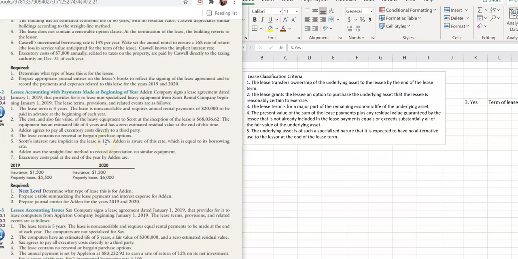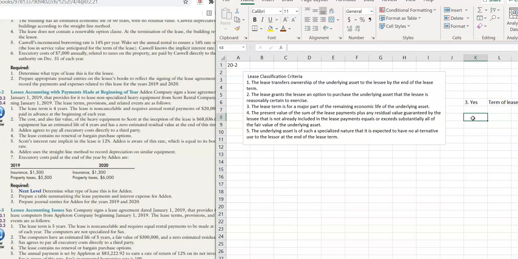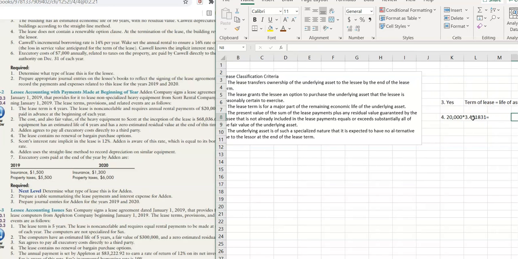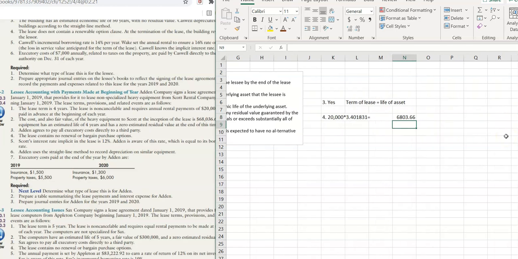I'm not going to go back to that table. You would go back to that present value of an annuity due, 12%, 4 years. And the factor is, where's this one? So 4, you would do the 20,000 times a factor of 3.401831. $20,000 times 3.401831, and it equals the 6.